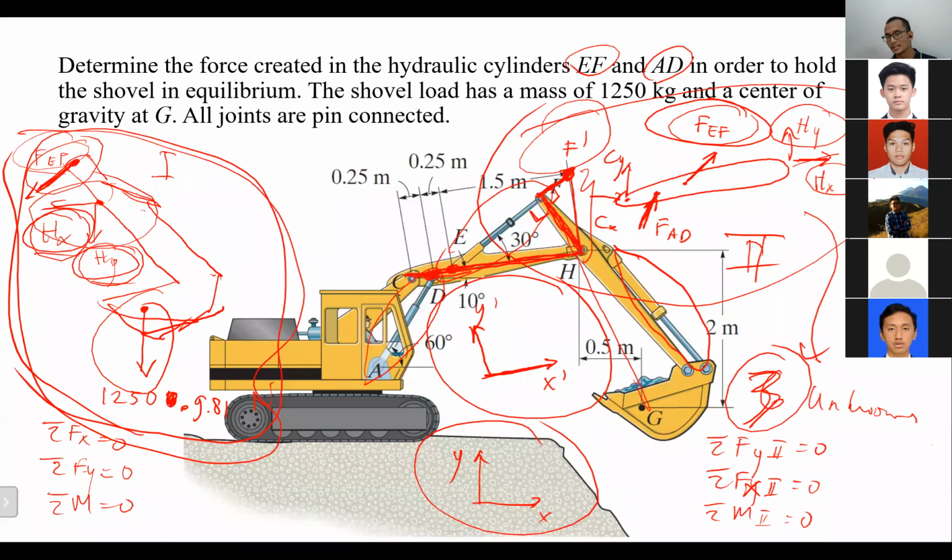The distance is not necessarily where the force touches the FHG, but can be any distance as long as it's in the line of action.